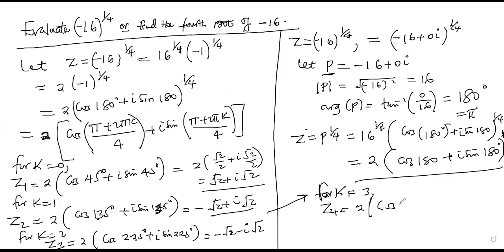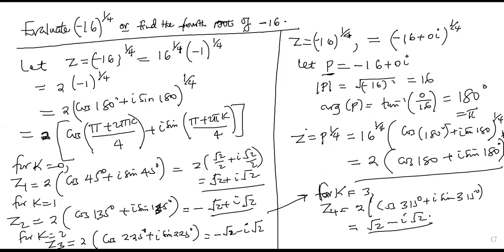That is 180 times 7 over 4, which gives 315. Otherwise, as I've said, you can leave it in pi form, then plus i sine 315 degrees. So it is going to give you root 2 minus i root 2. So that is my z4, and that is where I am stopping.